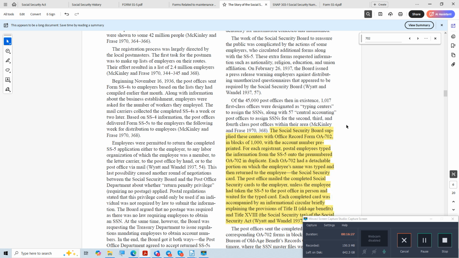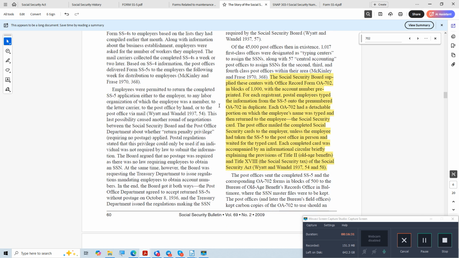Okay. So, it's not just as easy as going to a post office. You had to do it a particular way. So the Social Security Board supplied these centers with office record form, the OA 702, a little dyslexia there, in a block of 1,000 with the account number pre-printed.